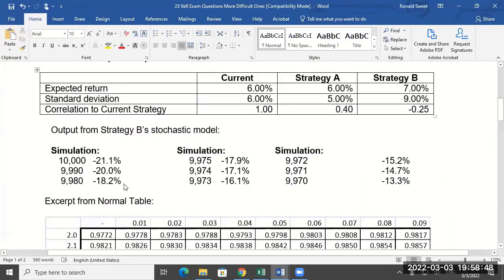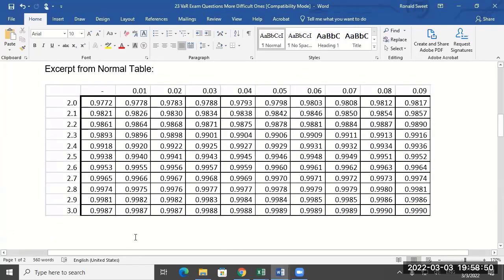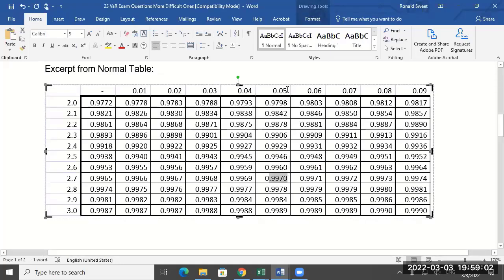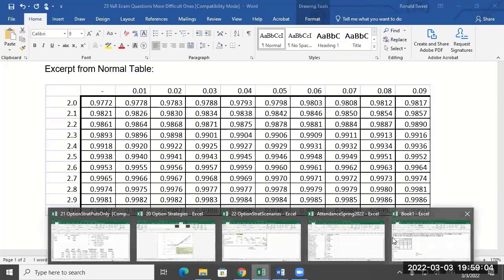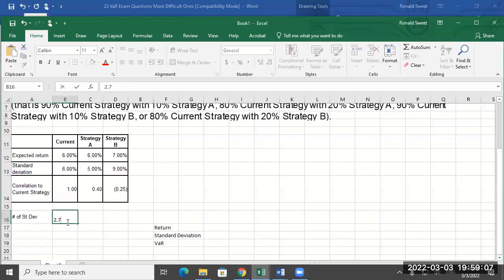So what are we looking for in the table? The risk tolerance is 0.3, so we're looking for 0.997, right? Do y'all see 0.997 right there? 2.75, that look right? Right, 2.75.